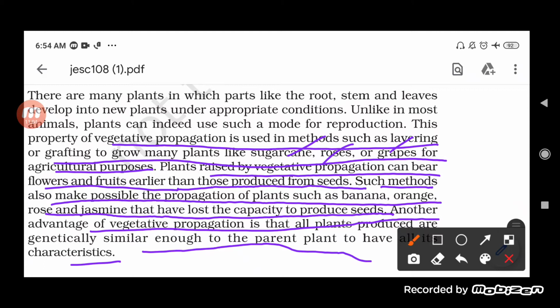There are some differences also, but here they are very much similar to the parent, and thus they carry all the characteristics of their parent, student. This is the benefit of vegetative propagation, how it is good for many plants.